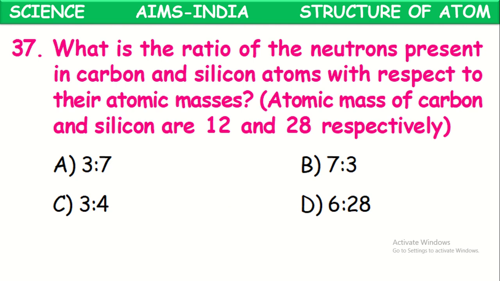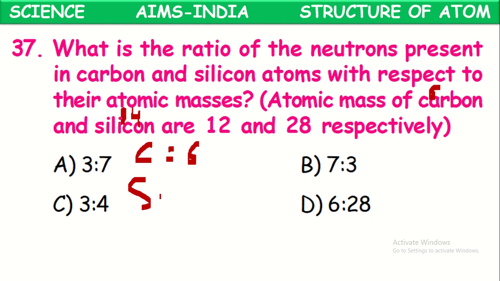What is the ratio of neutrons present in carbon and silicon atoms with respect to their atomic masses? They are asking to find the number of neutrons. We know the atomic number of carbon is 6 and the atomic number of silicon is 14. The number of neutrons in carbon will be the mass number, given as 12, minus the atomic number 6, so it becomes 6.